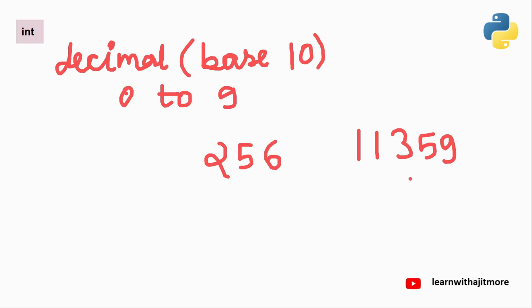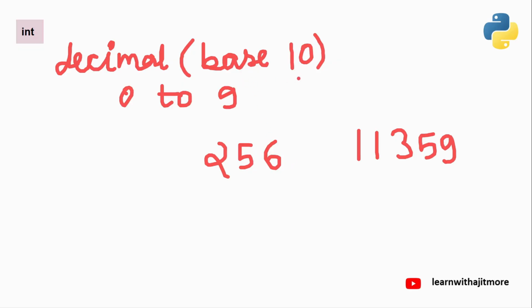These are the numbers formed by taking these 10 digits. So in decimal, all the numbers are created from combinations of 0 to 9. Only it should not have a beginning 0. Later 0 can come, but at the beginning 0 cannot come because it is used for other notations.